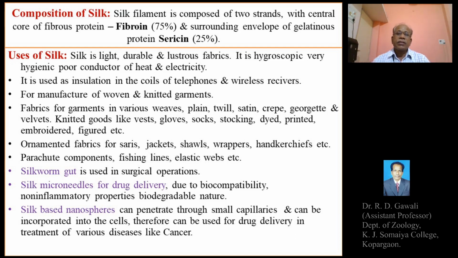So these are some of the important features present in the silk, that is, it has good biocompatibility, non-inflammatory properties, and a biodegradable nature. The silk is used for the preparation of microneedles, and these microneedles are used for drug delivery.